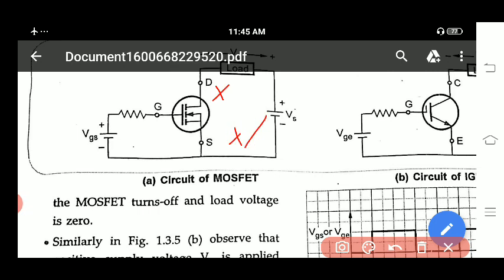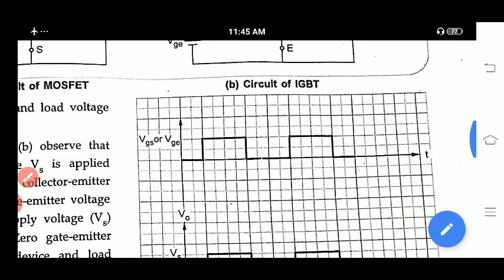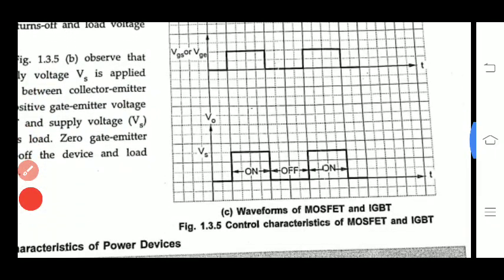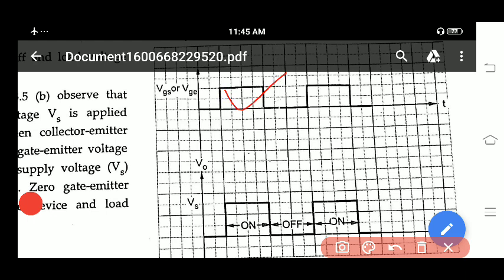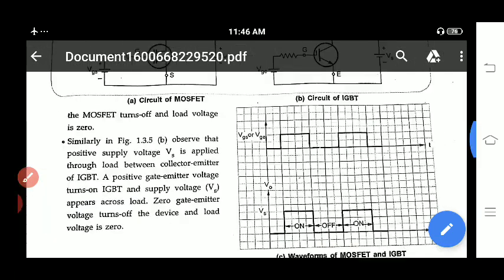Next, if you want to make this MOSFET on, they have connected VGS in between gate and source. We'll see that graph here. Waveform of MOSFET, VGS they have applied, V0 will be Vs. Whenever VGS is 0, Vs will be completely absent. The same nature will be applicable for IGBT also.